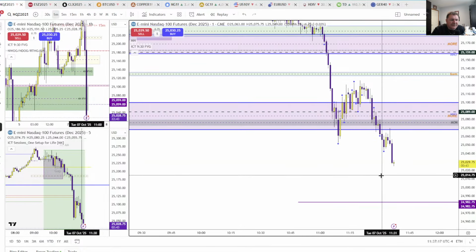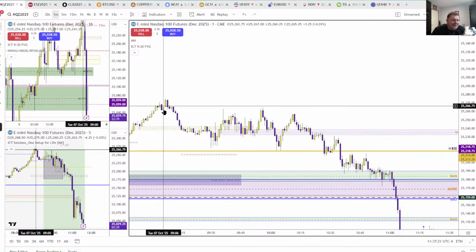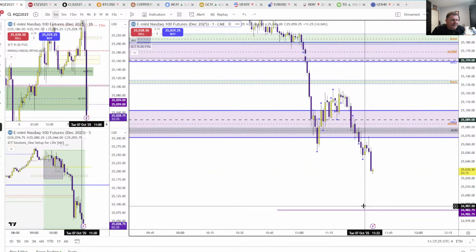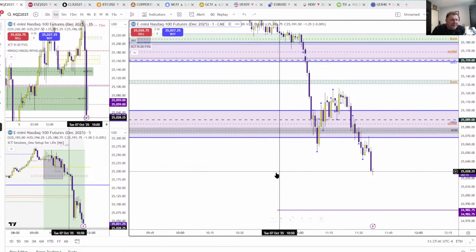If that hits this, that'll be 280 handles. The turn to filling that regular trading hour gap from the other day. See if we can get our level.